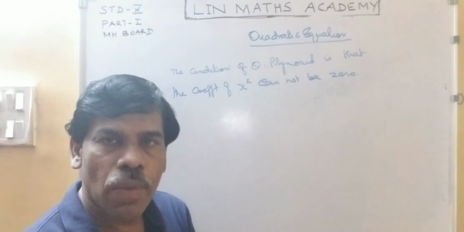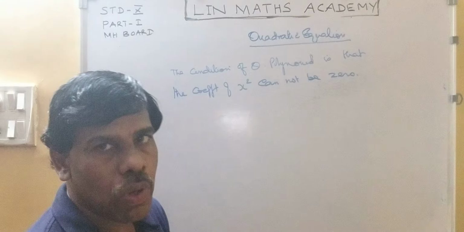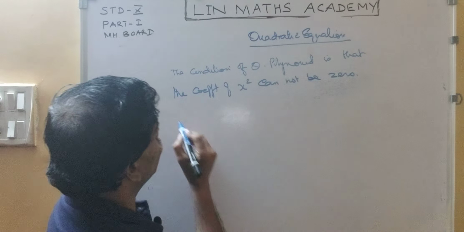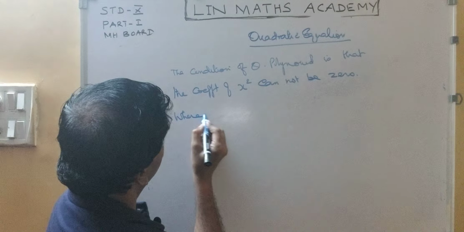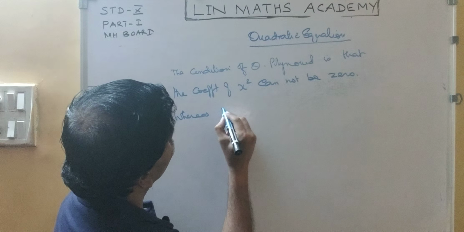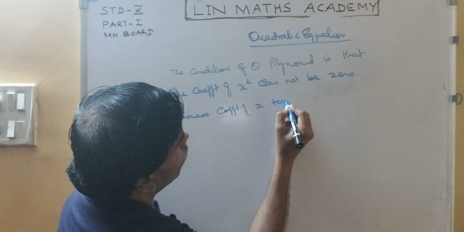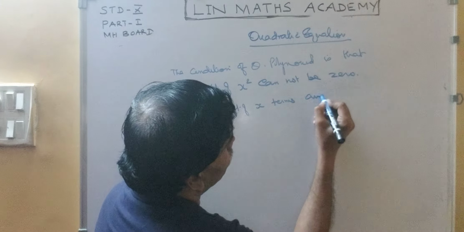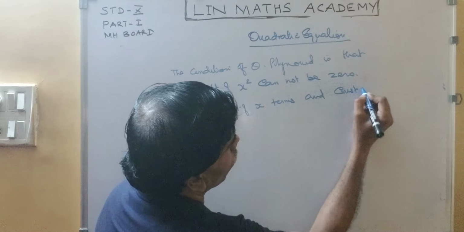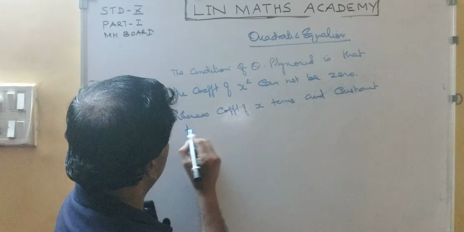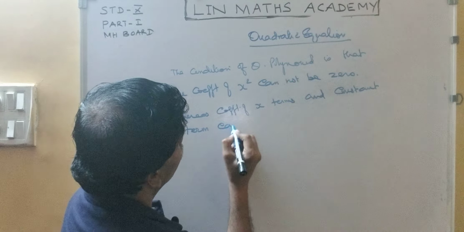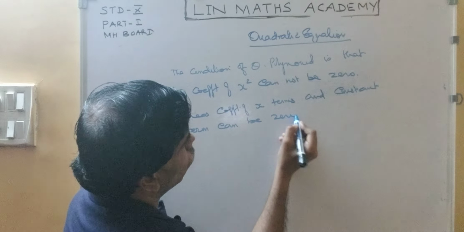Whereas the coefficient of x can be 0 and the constant term can be 0.